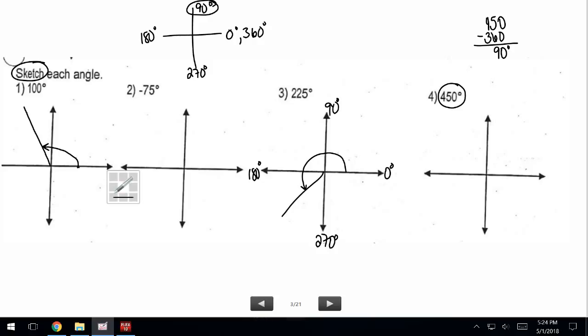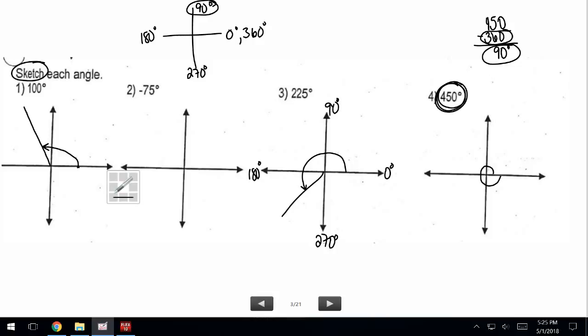So here's what you're going to do. You ready? You're going to start at 0, and you're going to go around a whole full circle. Notice that I did not connect the 2 points. I specifically did not connect them because I had to go 360 degrees, then I had to go 90 more, because 360 and 90 makes the full 450 that I need to go.